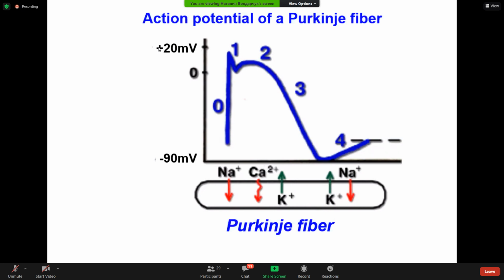So let's speak about abnormal automaticity, and we'll start from the sinoatrial node. The sinoatrial node shows a faster rate of discharge than do other pacemaker cells, and thus it normally sets the pace of contraction for the myocardium.